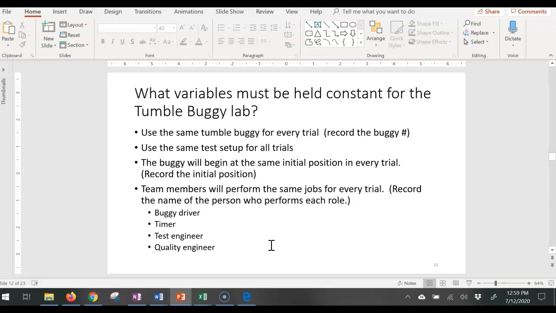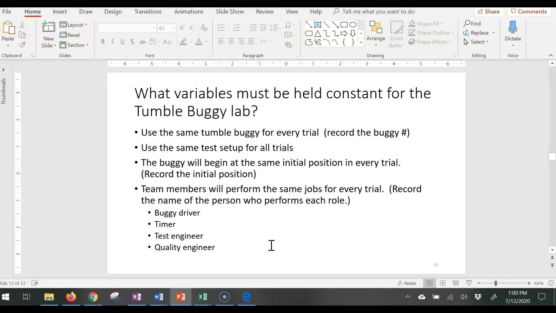Also, you want to use the same test setup for every trial. You're going to put your meter sticks down on the floor and take them down. You're going to have the same floor surface. You're going to do everything as identically as you can. And we'll just let the statement of the same test setup summarize that. You always want to begin the buggy at the same initial position.